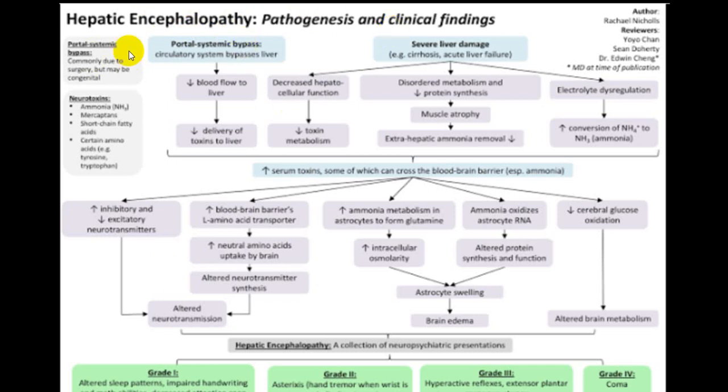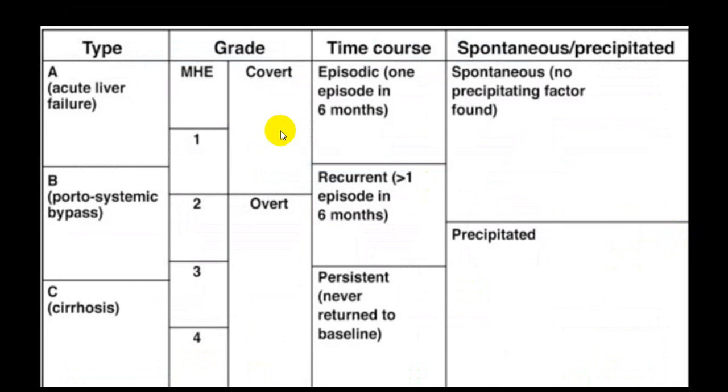This slide will show you the common conditions: portosystemic bypass, severe liver damage, etc. Then what happens at different levels, and what the clinical symptoms and signs will be. You can divide into grade 1, grade 2, grade 3 and grade 4. I am not going into detail at present.